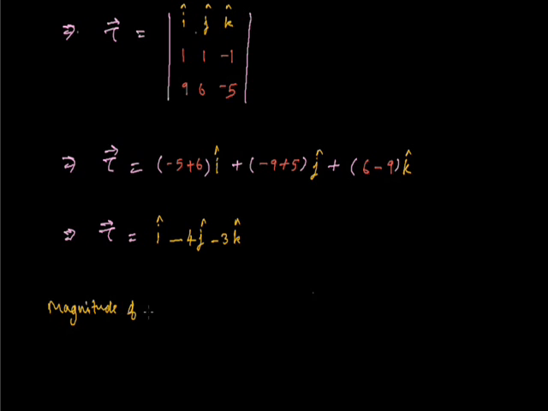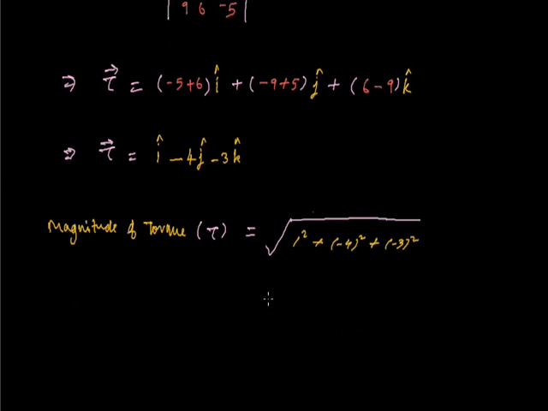Magnitude of torque will be given as the square root of 1 square plus minus 4 whole square plus minus 3 whole square. The complete term is under the square root.